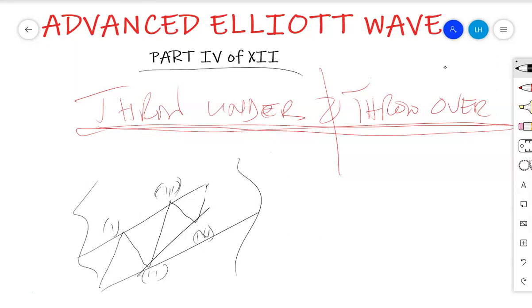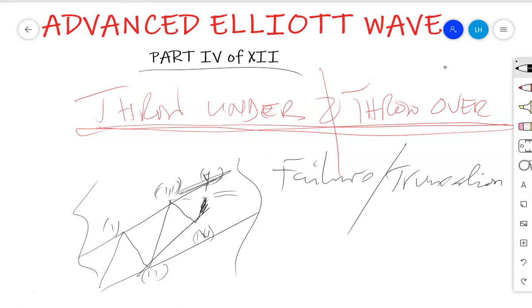On the concept of channeling, those were the basic things, the issues on the third wave coming out of the channel, but the fifth wave sometimes may touch the channel. This is the fifth wave. Sometimes the fifth wave may touch this upper channel, but sometimes it may fall short. It may not touch the upper channel, and here we say this is known as failure, or sometimes we call it truncation.